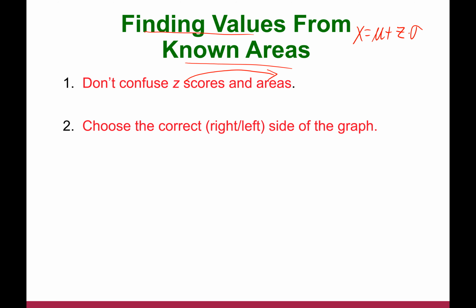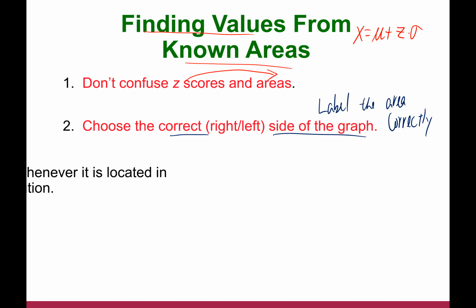Also choose the correct side of the graph, meaning you need to label the area correctly. That's important. Sometimes you're looking for the area to the left, sometimes the area to the right, sometimes the area in between.